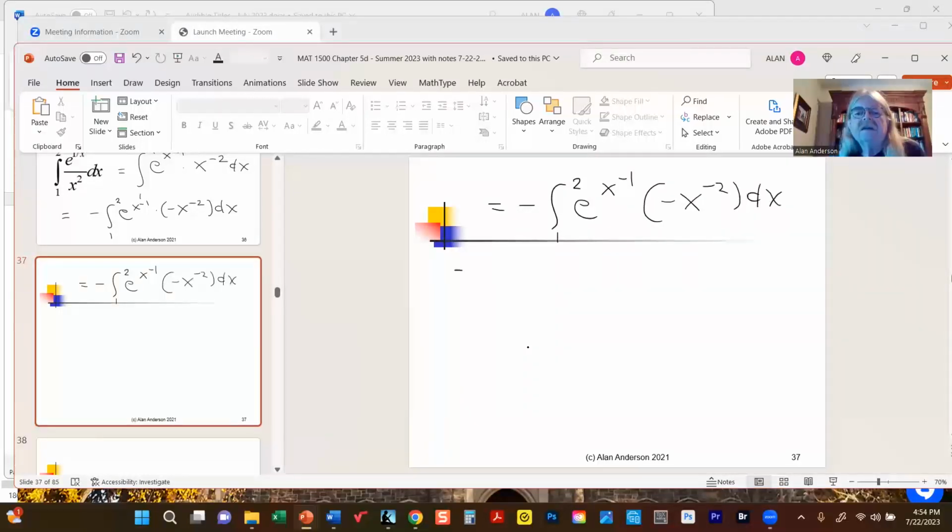So we can think of this now as e to the u du. Wow, that worked out rather well. That's pretty much the best case scenario because now it's very straightforward.